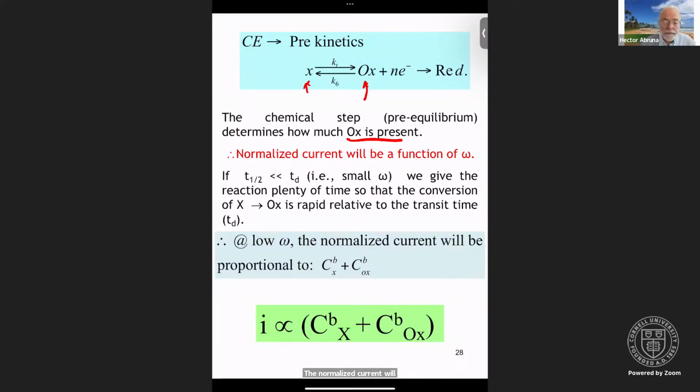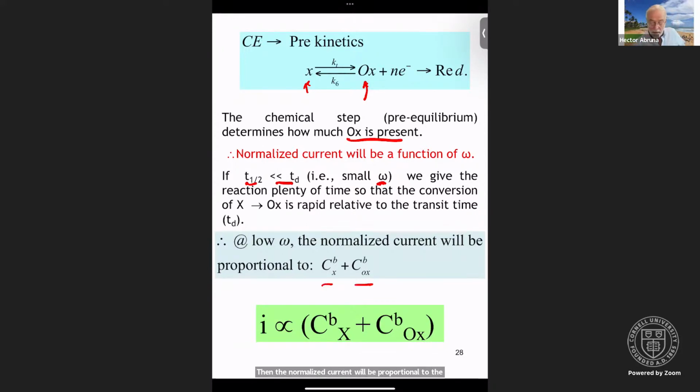And so what are some of the limiting cases here? It says if T1/2 is much shorter than TD, meaning at low or small omega, what is it that we're doing? We're giving the reaction a lot of time to take place, so that if the conversion of X to OX is rapid relative to the transit time, then the normalized current will be proportional to the concentration of both X and OX, right?